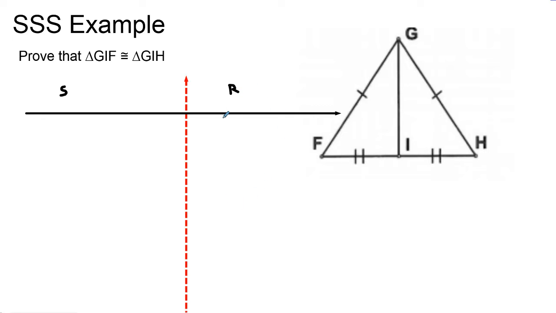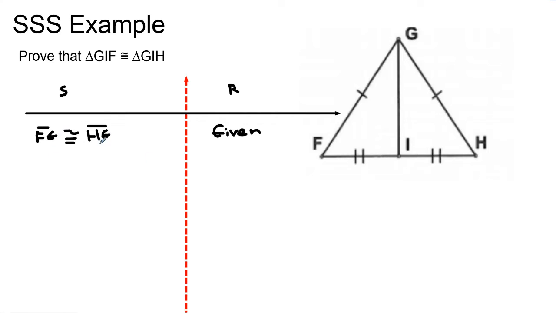The first thing I can state, according to what's marked, is that side FG is congruent to side HG. I'm going in the same order. The reason for that is that it is given. This information is marked on the diagram, so I can say it is given information.